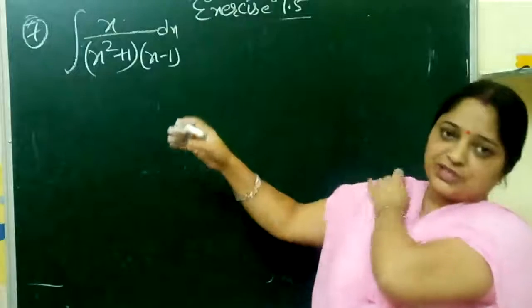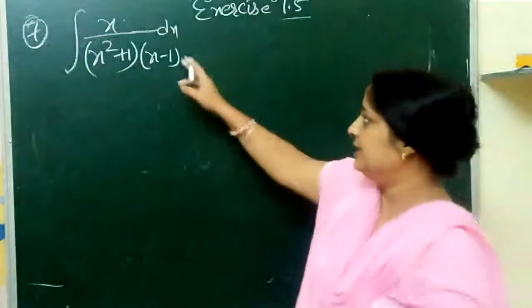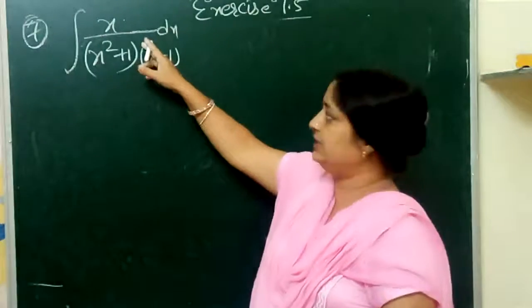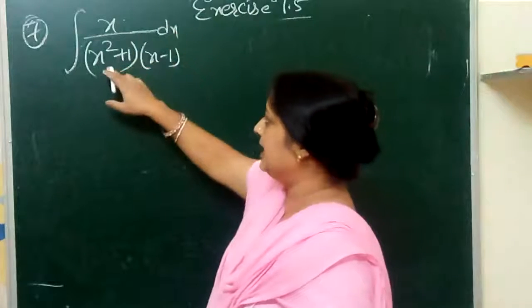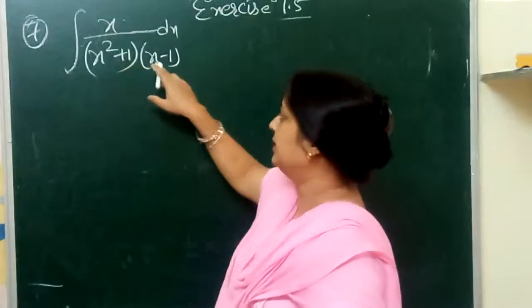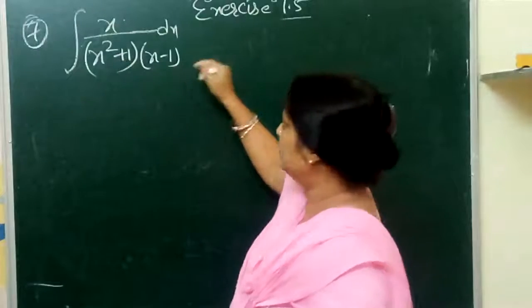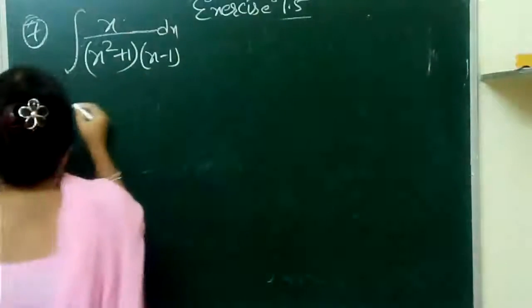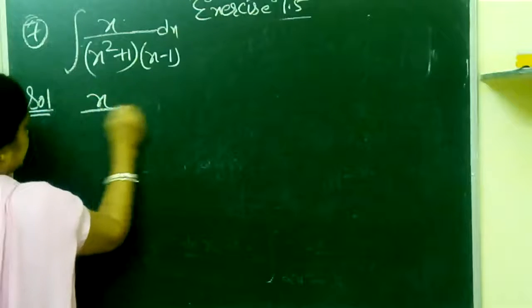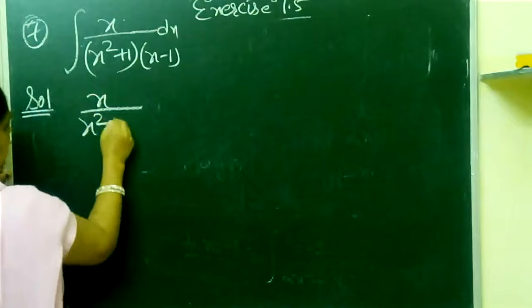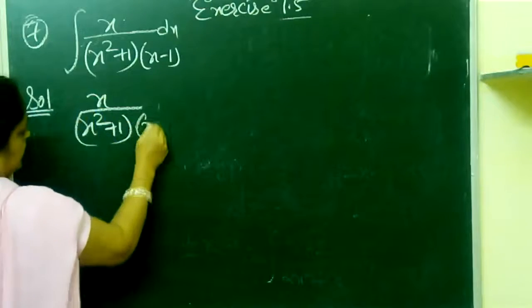Now in partial fraction you can see the formulas here. Which formula can we apply here? That is px plus q upon (x square plus 1) into (x minus 1). So here we will use the formula. Now let us start the solution. You can see the formula of partial fraction, (x square plus 1) into (x minus 1).